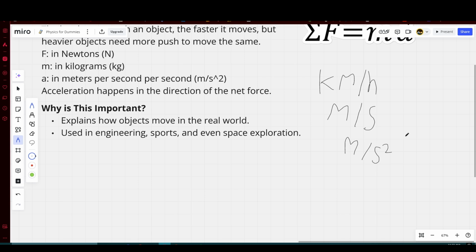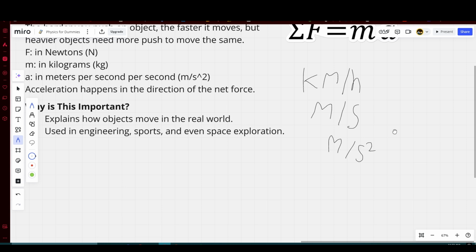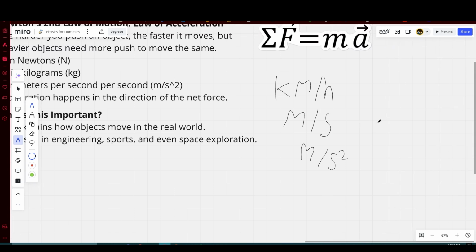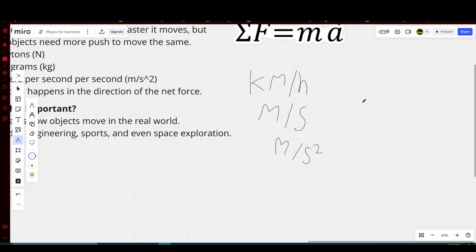So if your car is accelerating at, let's say, 2 meters per second squared, every second you gain an extra 2 meters per second of speed. So when your car is at 0 seconds, your speed is equal to 0 as well. When you're at 1 second, your speed is equal to 2 meters per second.